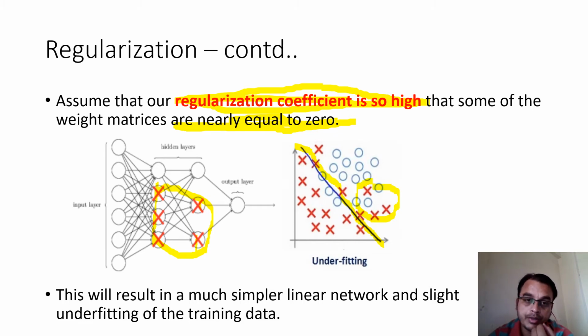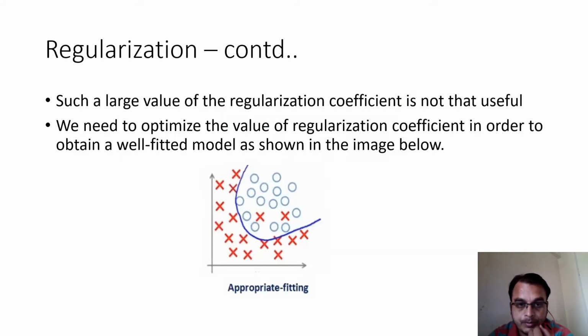Hence the network is not overfitting, but now it's underfitting. Such large coefficient values are not useful. If I set the coefficient values very large, it is not the best solution because it may underfit the system. Why? It is drawing a linear graph. So we need to optimize the regularization coefficients in order to obtain a well fitted model.